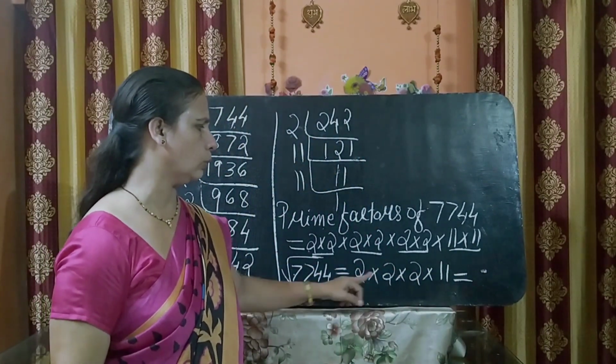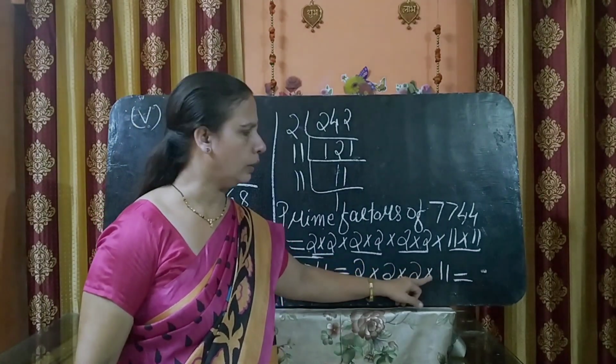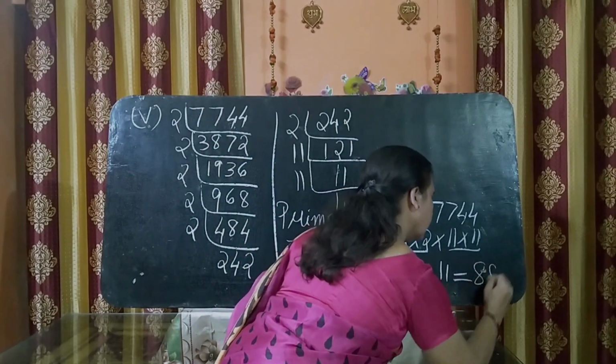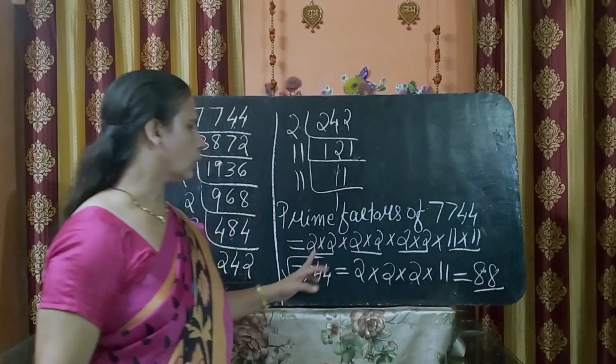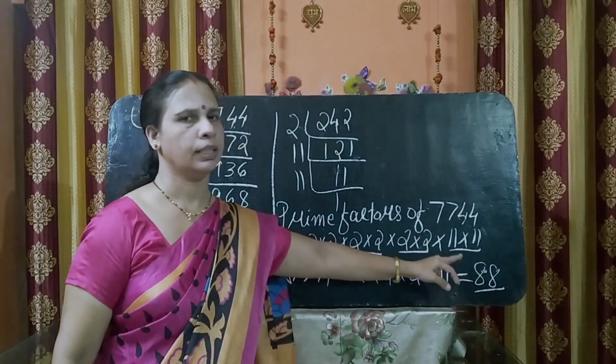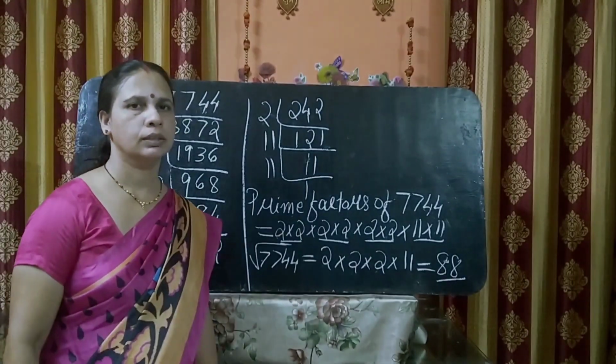We will get 2 2's are 4, 4 2's are 8, 11 into 8's, 11 8's are 88. So square root of 7744 is 88. Copy down this.